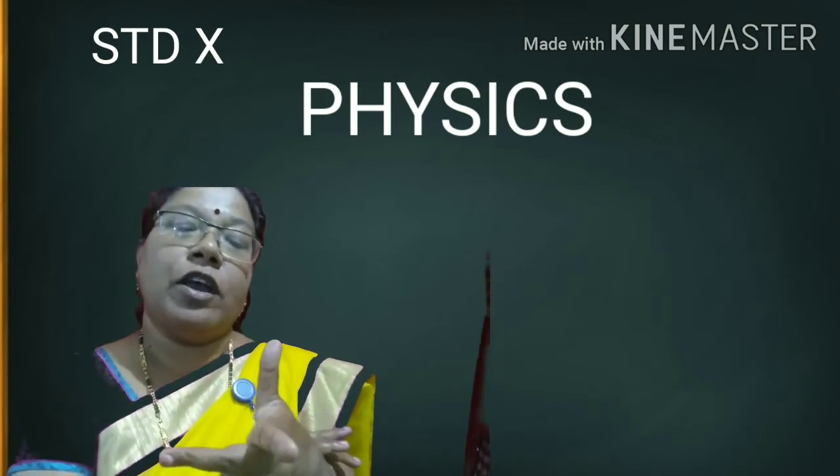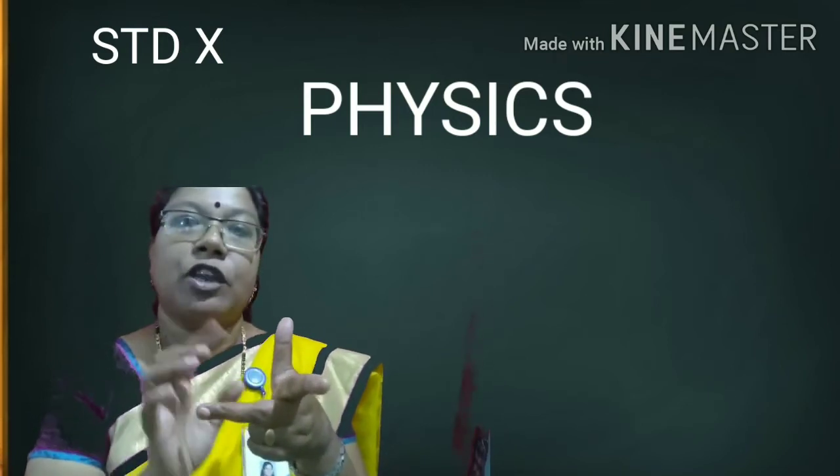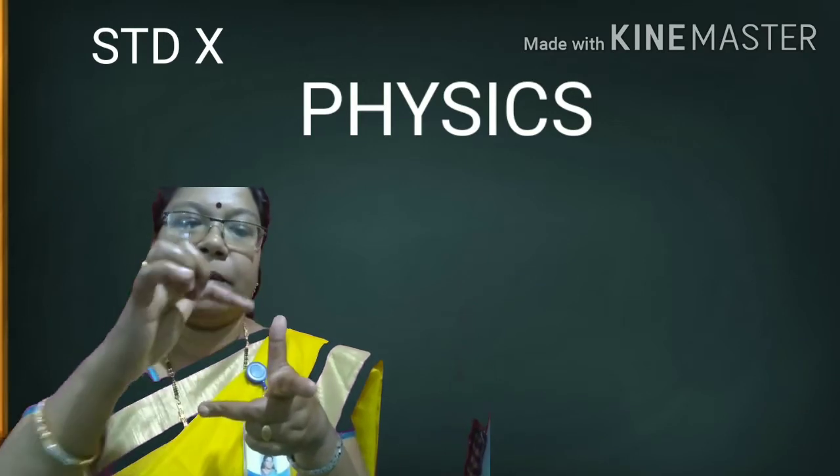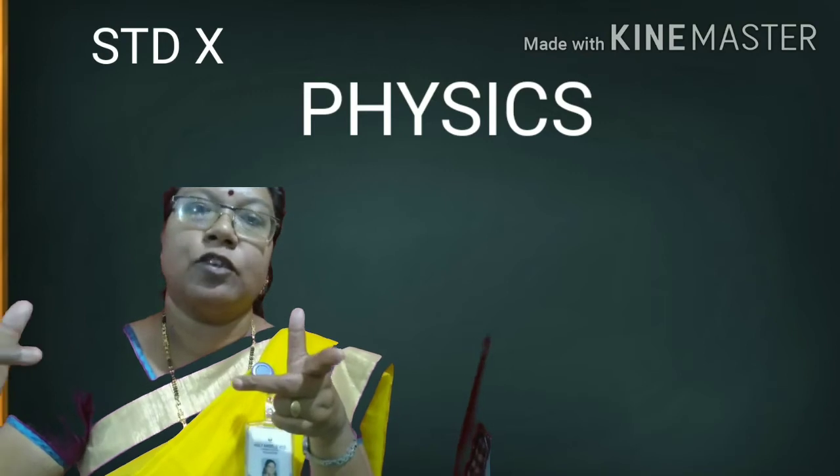See, in the figure that you already saw, the magnetic field and the current were in mutually perpendicular directions. The magnet is kept like this and the current is flowing like this.